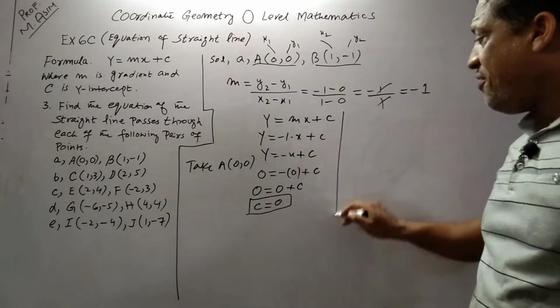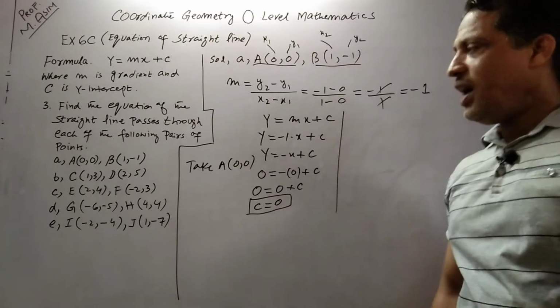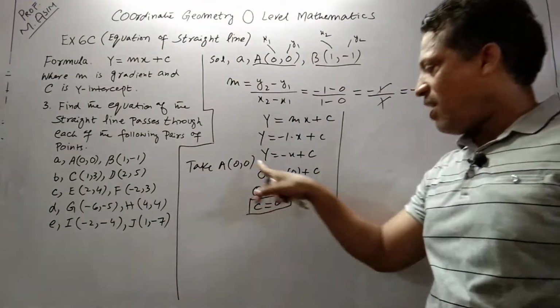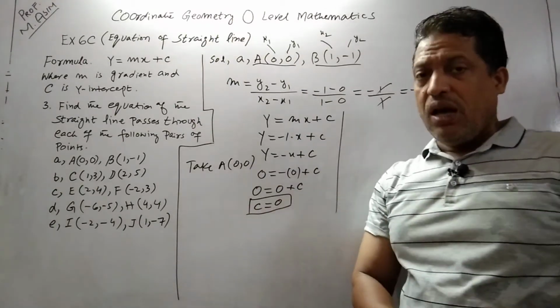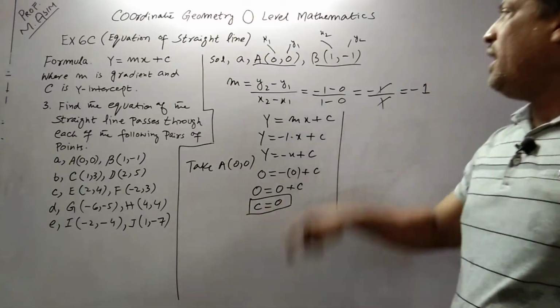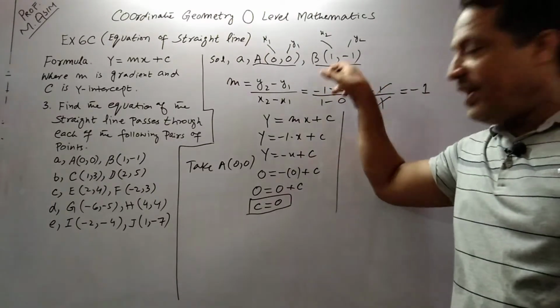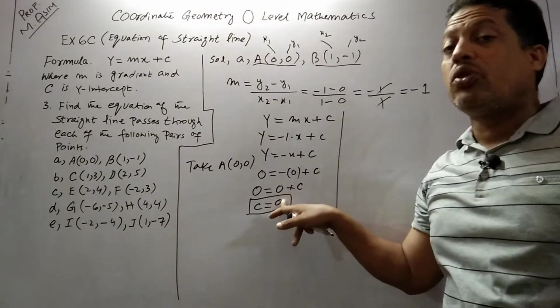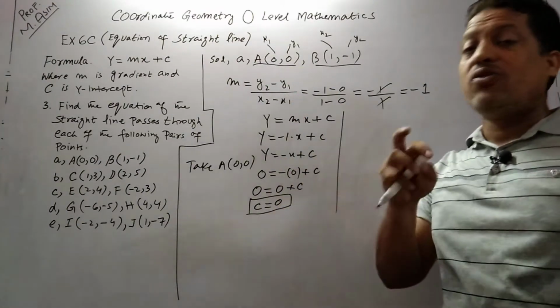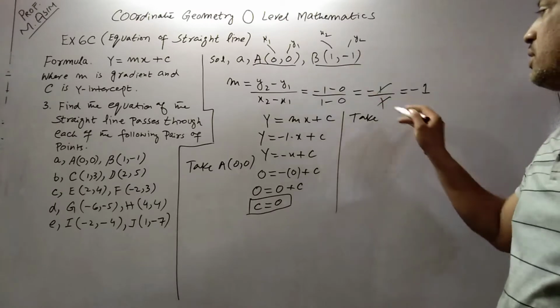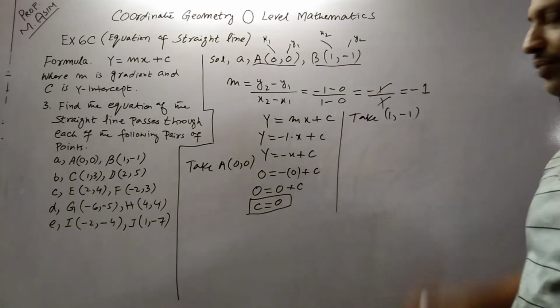If I am a student and I take A (0, 0), then my value of c is 0. If any other student takes this point, he will also get the value of c as 0, no matter which point you take. I can prove it. Take this one, (1, -1).